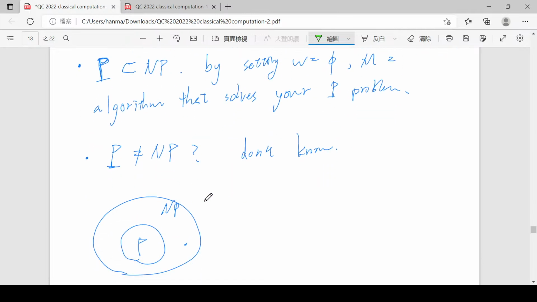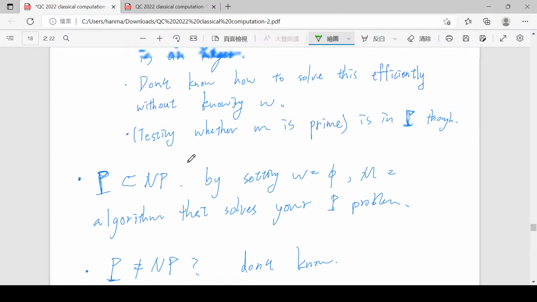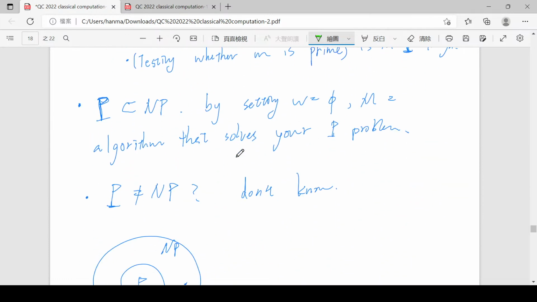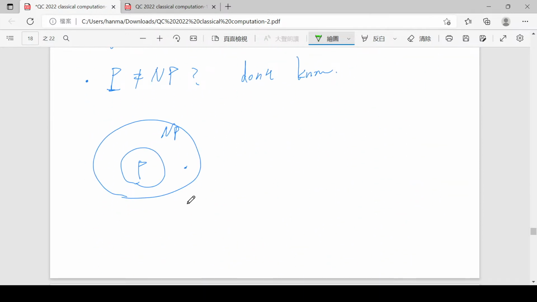Now the problem is, is there a separation between P and NP? This is the big computer science problem, and the answer is we don't know. It feels like NP should be harder than P, but we don't have a rigorous proof yet that they are different.